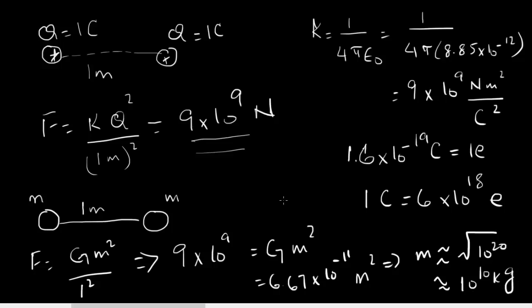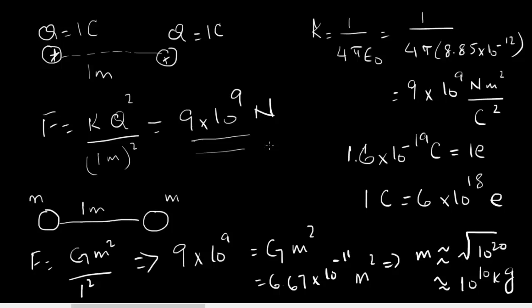So you need billions of kilograms separated by 1 meter to have the force of 9 times 10 to the 9 newtons. That's not very practical. On the other hand, 1 Coulomb of charge is not hard to come by. You see very often capacitors that can hold 1 Coulomb of charge.